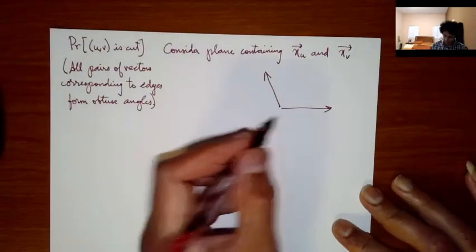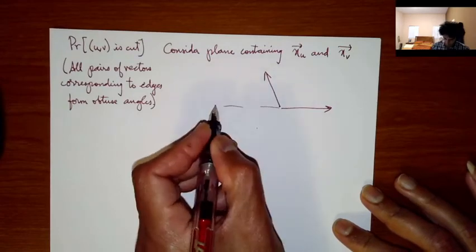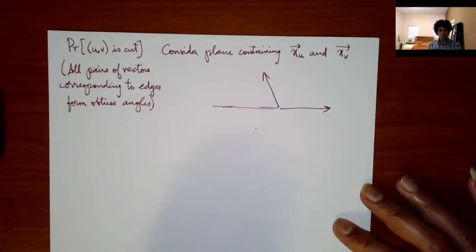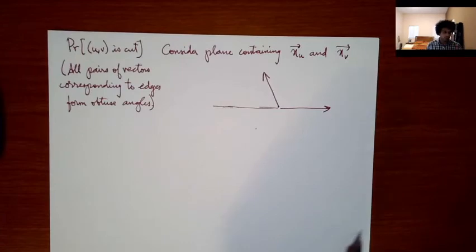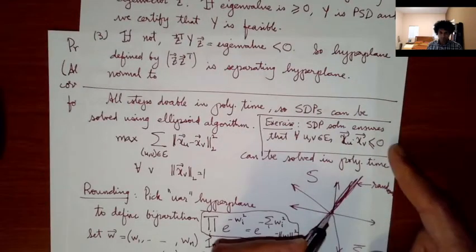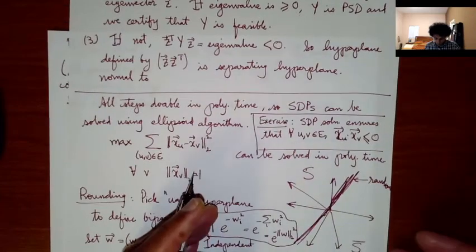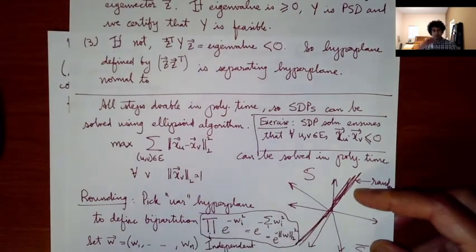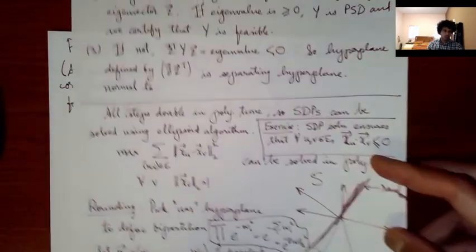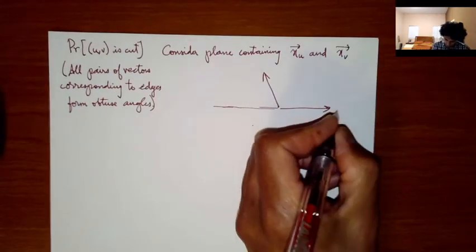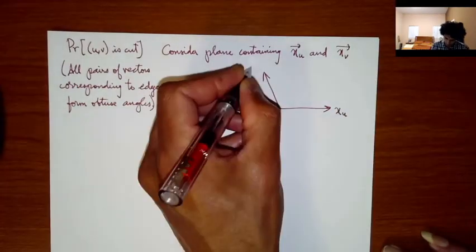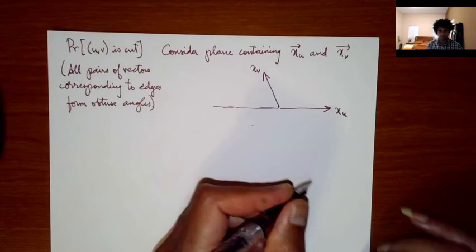Okay, so here's our plane that contains it. We are going to choose a random direction, and we want to see what is the probability that one vector is on one side and the other is on the other side. Let's just say this is xu and this is xv.